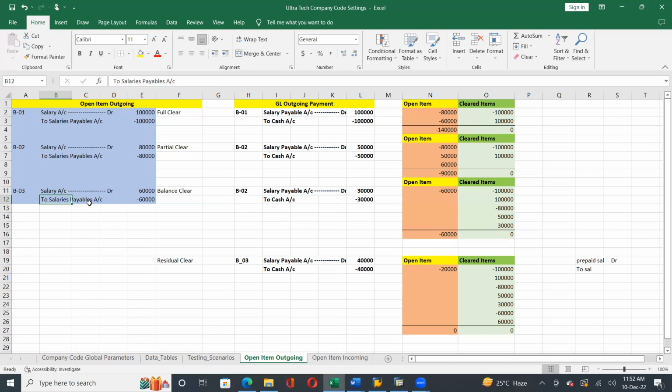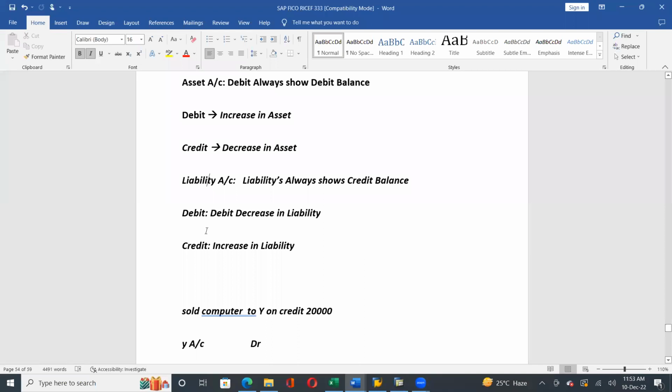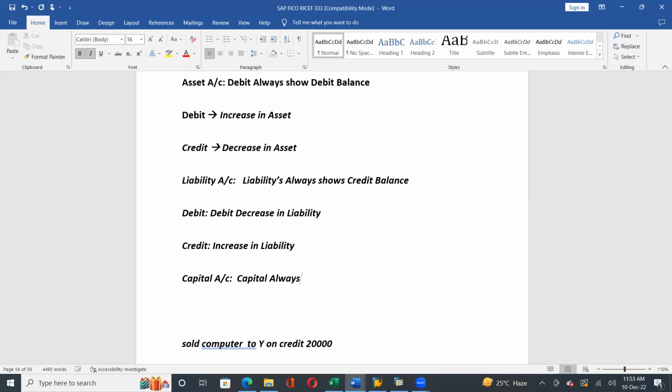Yes, Naveen. Right. So the same thing, we have one more account: the capital account. Just remember this. What is the capital account rule? Which balance will capital show?